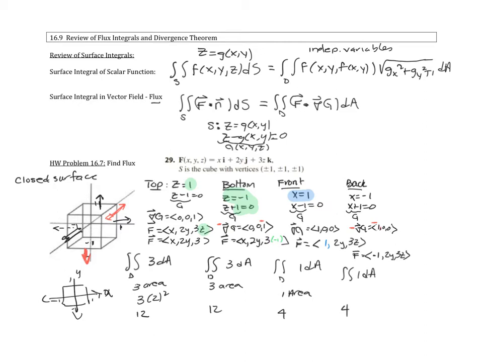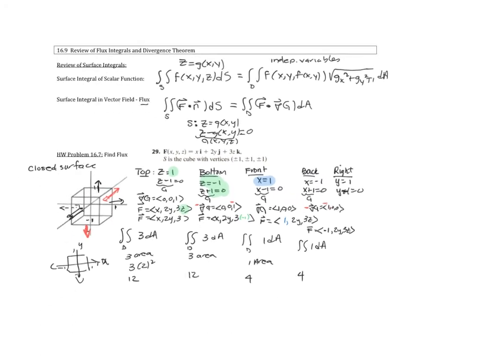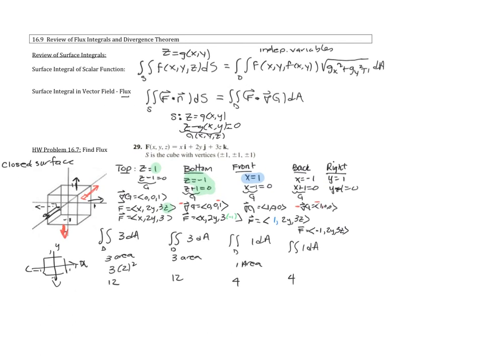Okay, the right side. The right side has the equation y equals 1. And so we're going to get that y minus 1 equals 0 is g. And our gradient of g is 0, 1, 0.